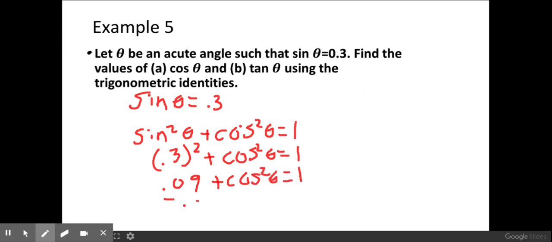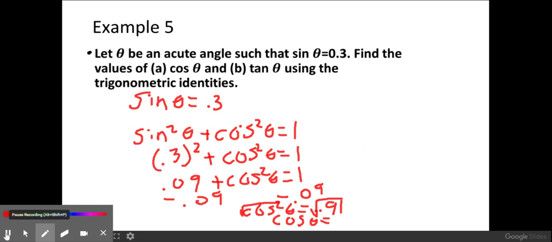Now I'm going to subtract 0.09 from both sides. So I get cosine squared theta equals 0.91. And my last step to find cosine theta, square root both sides. So cosine theta equals the square root of 0.91, which if you put that into your calculator, you get 0.95.